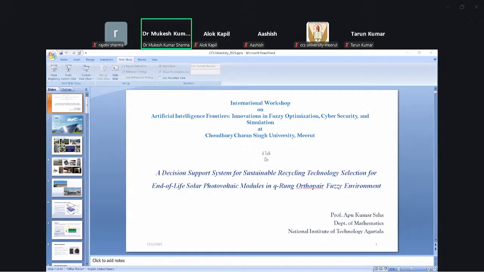Now, aggregation operator. Why is an aggregation operator used? Any idea, anyone? To aggregate, because we are going for group decision making, which means there will be more than one decision maker. Say I have taken 3 decision makers. The first gives a result, the second gives another result, the third gives another result.